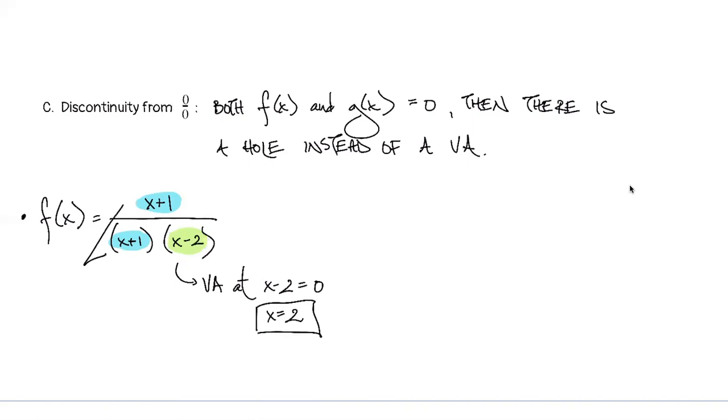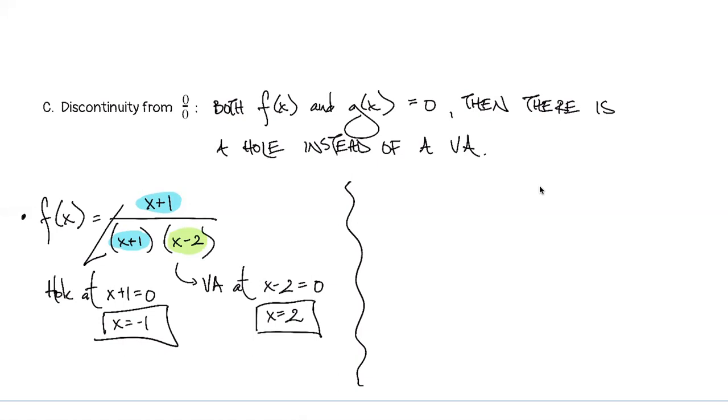These blue factors that are the same on the top and bottom mean that there's a hole at x plus 1 equals 0, or x equals negative 1. So when the factor is only on the bottom, it causes a vertical asymptote. When the factor is the same on the top and the bottom, that causes a hole.